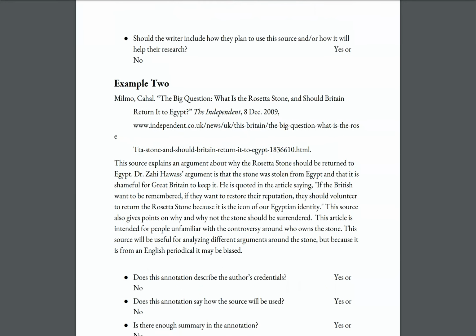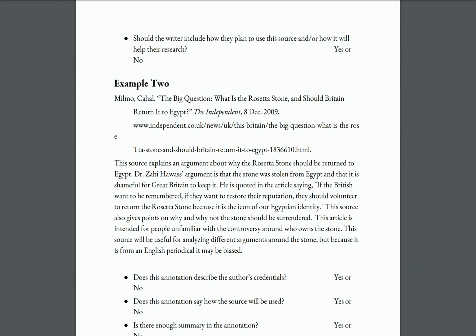For example 2, this is from an article in The Independent from 2009. This source explains an argument about why the Rosetta Stone should be returned to Egypt. Dr. Zahi Hawass's argument is that the stone was stolen from Egypt and that it's shameful for Great Britain to keep it. He is quoted in the article saying, "If the British want to be remembered, if they want to restore their reputation, they should volunteer to return the Rosetta Stone because it is an icon of our Egyptian identity."